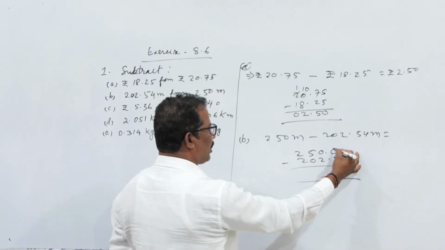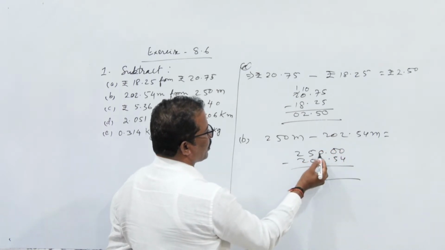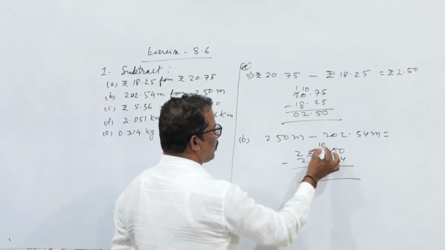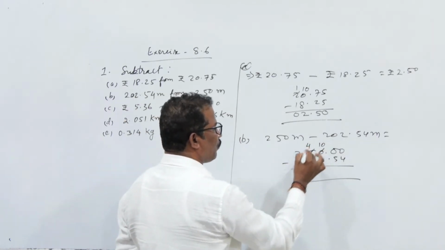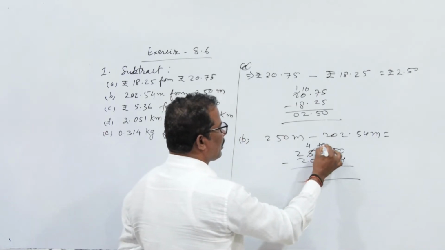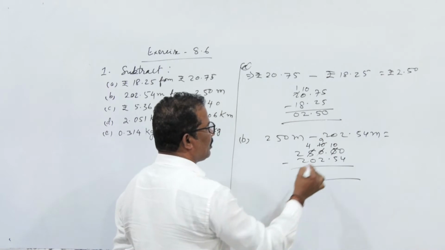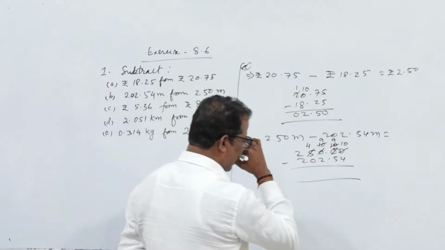Here also 0, we have to borrow for this 0 from here. Here also 0, we have to borrow for this 0 from here. So from 5, 1 borrowed, it is how much? 10 now. From this 5, 1 given, means here 4 remaining. From this 10 we can give 1 to this 0, now it is 10, and here 9 remaining. From this 10 we can give 1 here, so it is 10, and here again 9 is there.